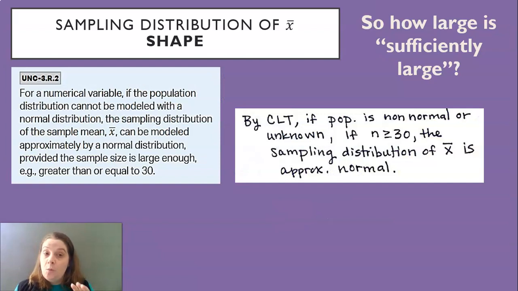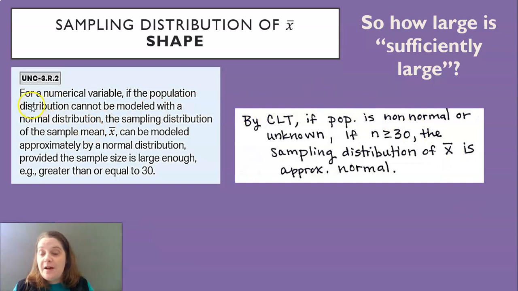All right, so what we're going to do is draw the line in the sand, okay? Just like with proportions, where we were checking that n times p and n times 1 minus p are greater than 10, for a sampling distribution for a mean, we would like our sample size to be at least 30.